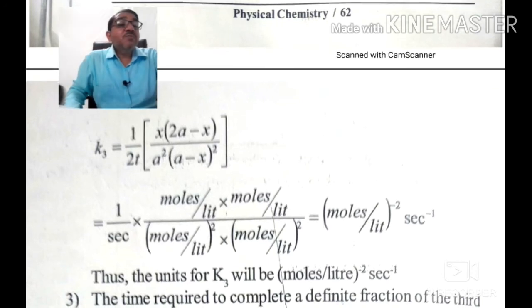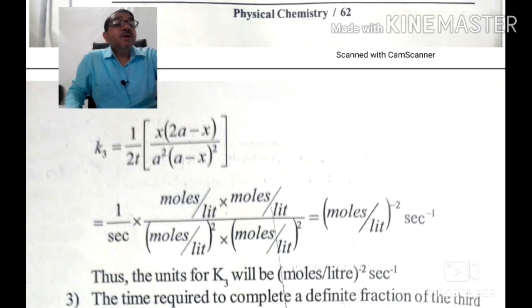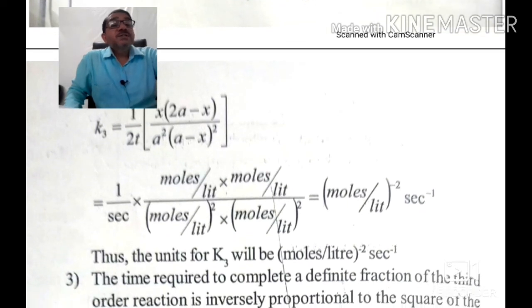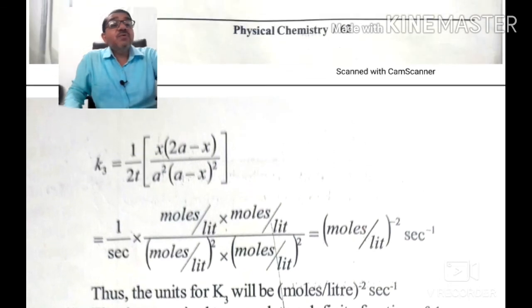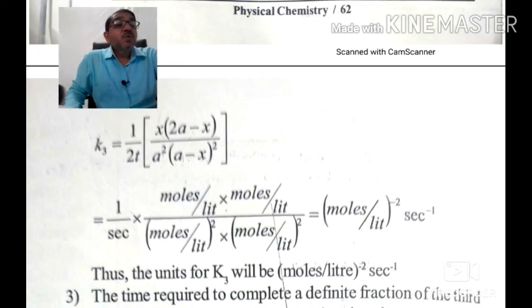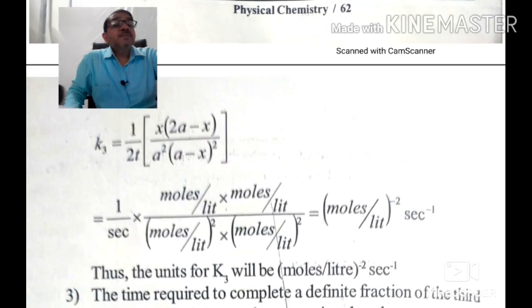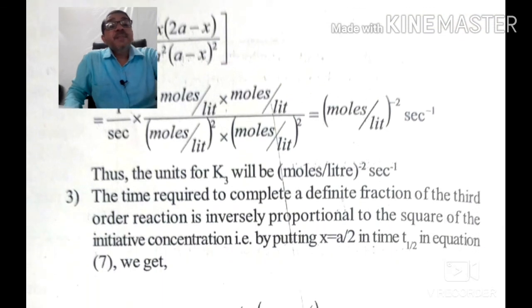So we get the simplified form moles per liter to the power minus 2 per second. Thus the units for k3 will be moles per liter to the power minus 2 per second.